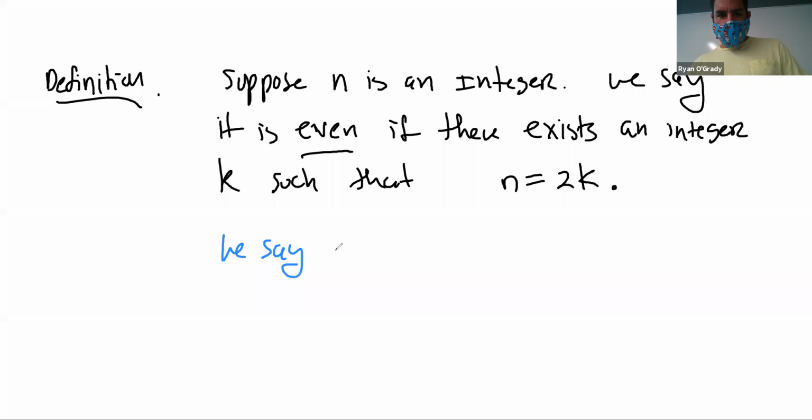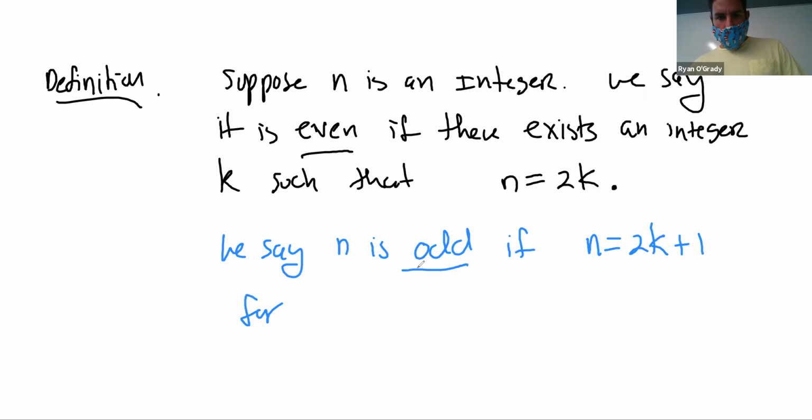We say n is odd if n equals 2k plus 1 for some integer k.